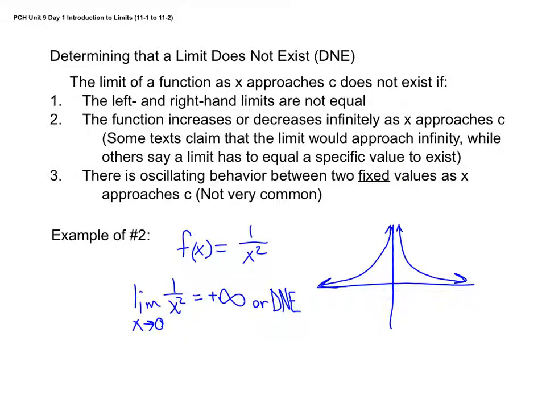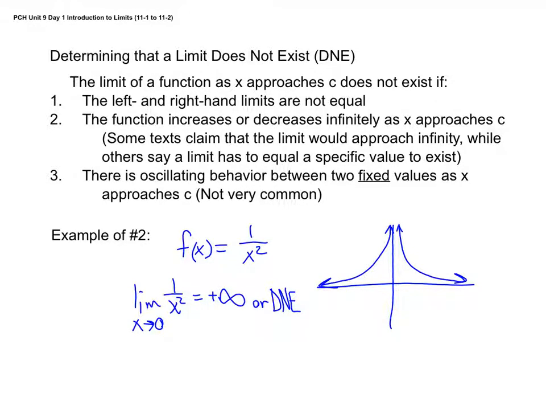Now, here's where the difference is. Some people, and actually this is what I learned in my college class, so even universities disagree on this, will say the limit approaches infinity. Nothing wrong with that. Other people, the more purist idea, is that a limit has to be a specific number.